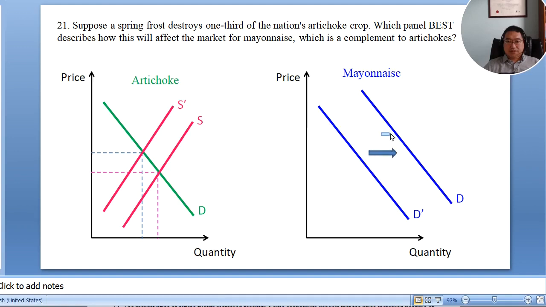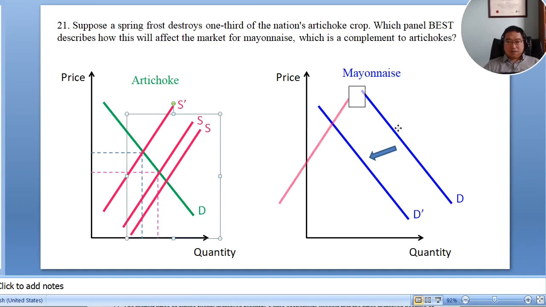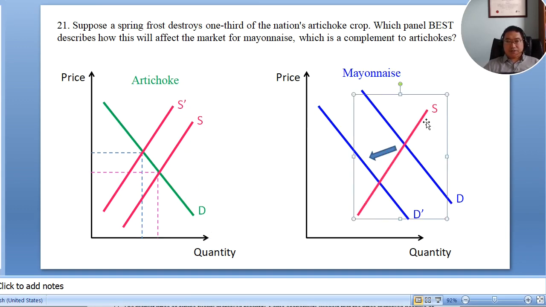It goes like this. See the lovely PowerPoint, you have to do it manually. So it shifts to the left. That's what's going to happen for mayonnaise. And if we put a mayonnaise supply here, that should give us the picture that we've been looking at.